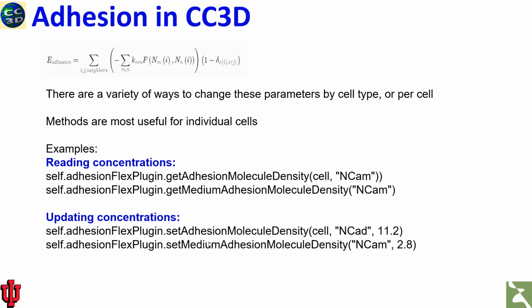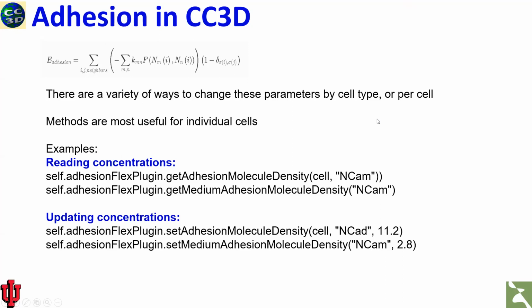In the next line, you put self-adhesion set adhesion molecule of that cell to a value, which is going to be the new density after something has happened in the simulation. So the plugin is flexible also in this sense. Besides defining the different molecules, you can also change the values of the molecules during the simulation.